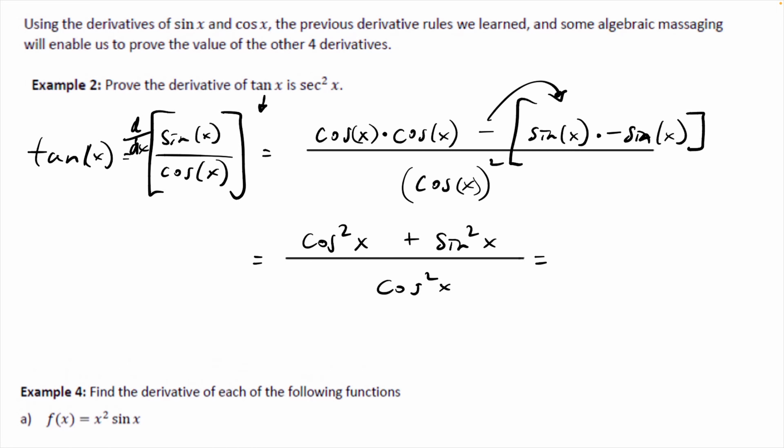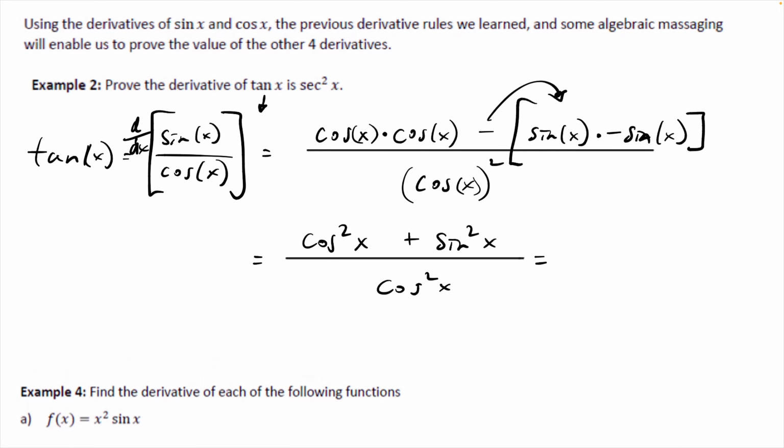This is x, this is y, that's 1, right? Isn't Pythagorean theorem a squared plus b squared equals c squared? Well, what was x? Cosine. What was y? Sine. Equals 1, right?